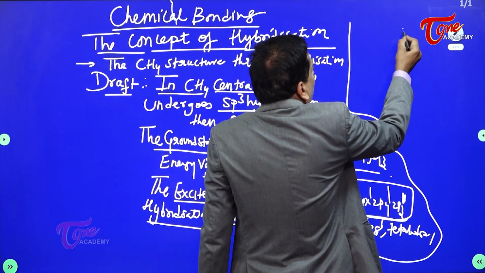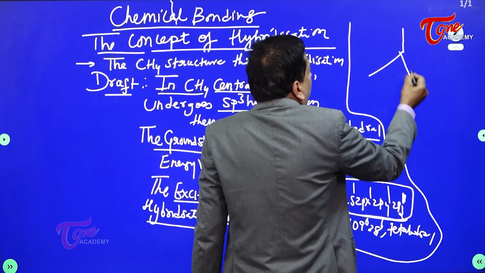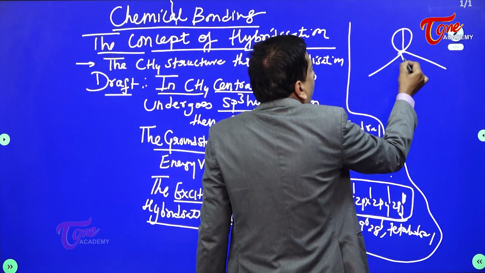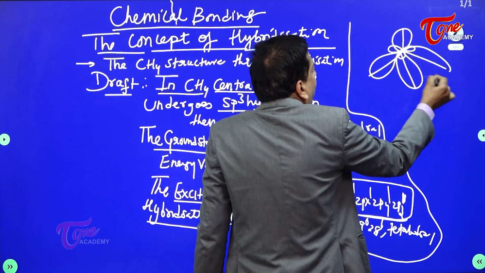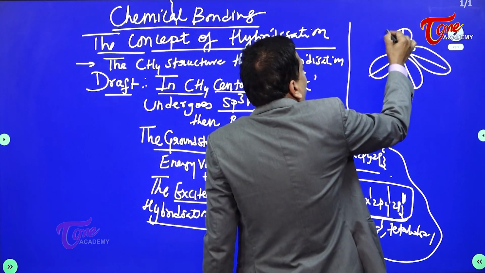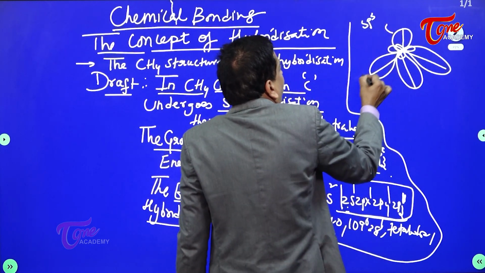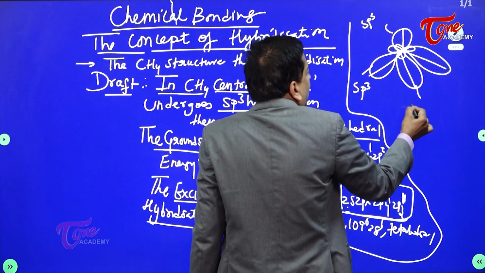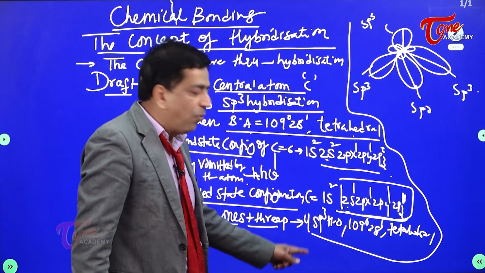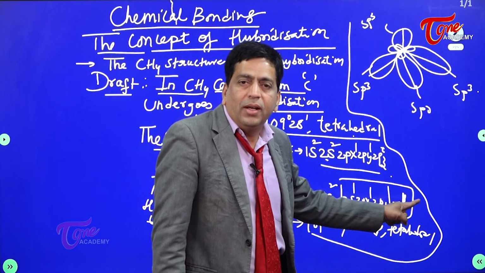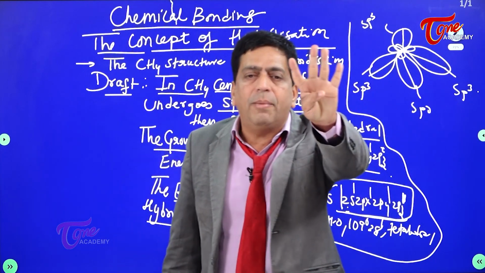4 sp3s. 1, 2, 3 and 4. This is one sp3, this is another sp3, this is another sp3 and this is another sp3. These 4. And the total number of electrons involved in hybridization is 4.